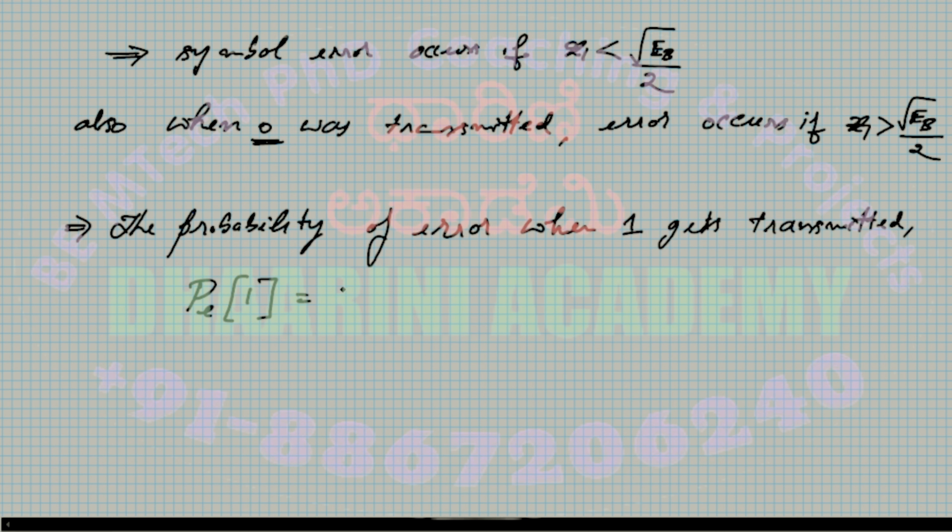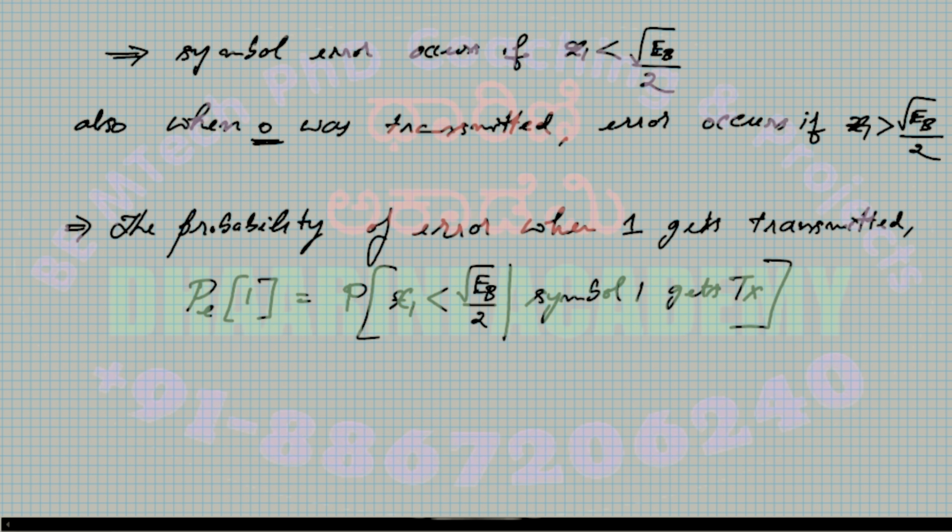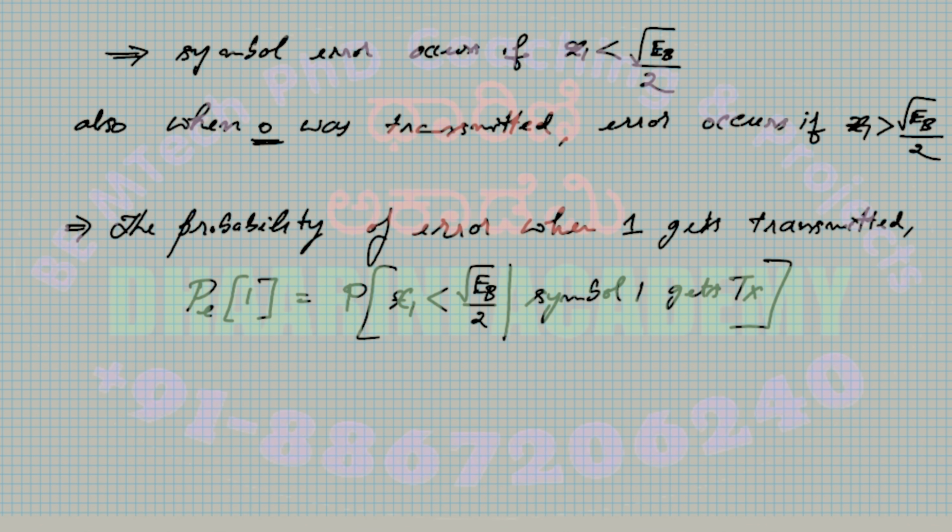This is nothing but the probability that x1 falls lesser than root of EB by 2, provided symbol 1 gets transmitted. So when 1 was sent and you receive x1 lesser than root EB by 2, that is going to be the probability of error when 1 is transmitted.